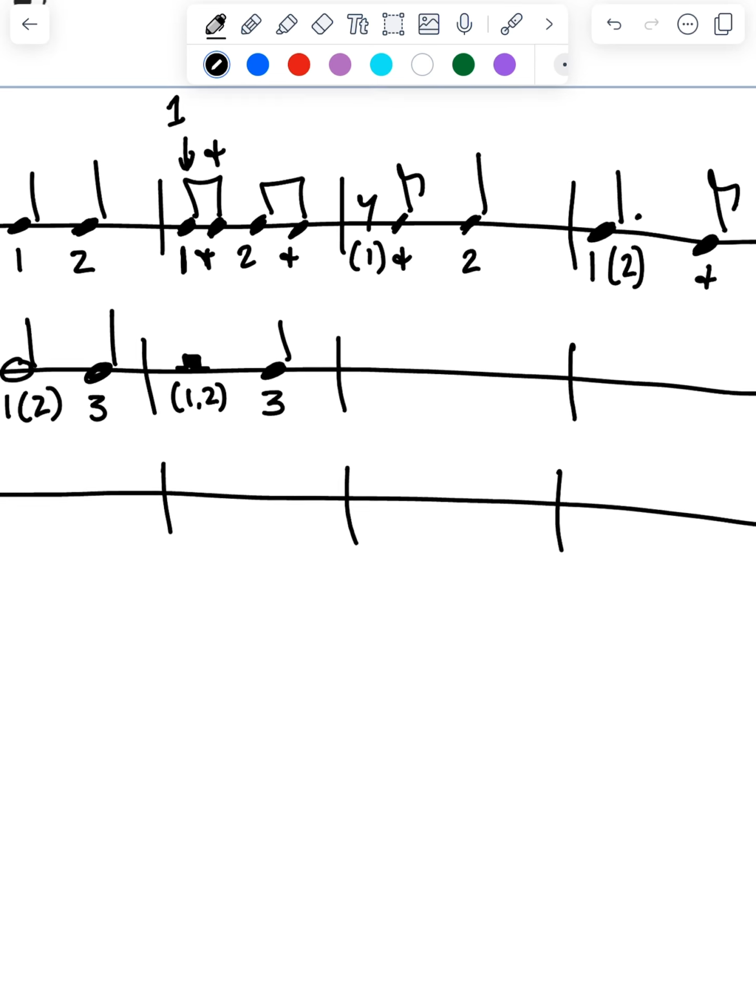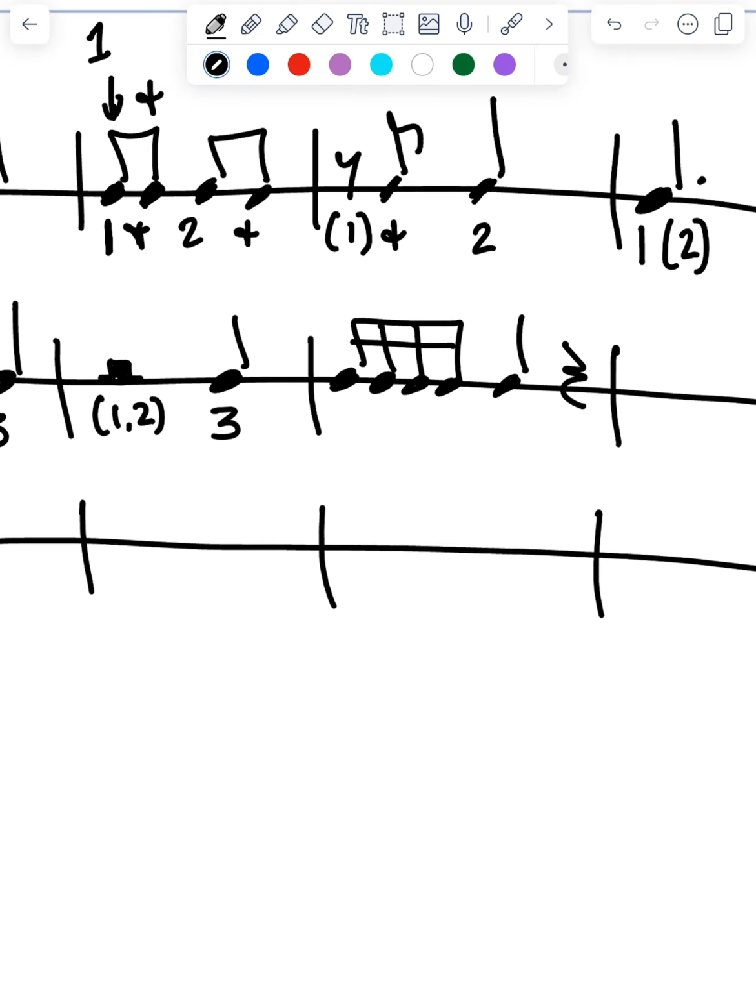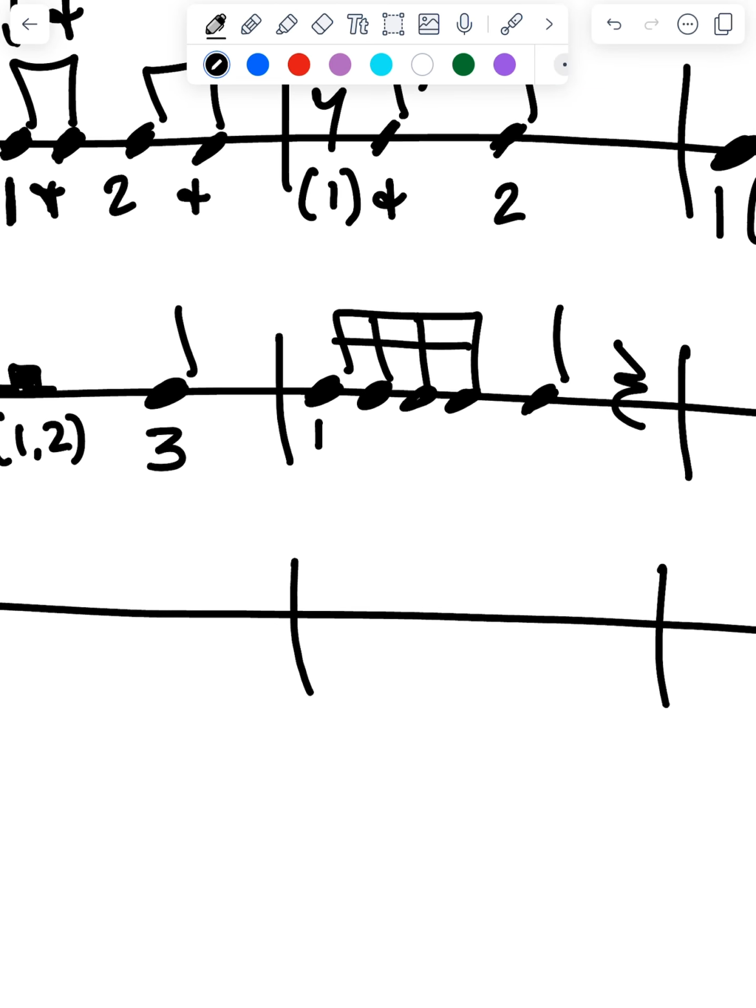We also have smaller values, maybe I didn't make my measures big enough. But when we split up a beat into 4 parts, we're going to have 1, E, and, a, and then we have 2. 3 is in parentheses.